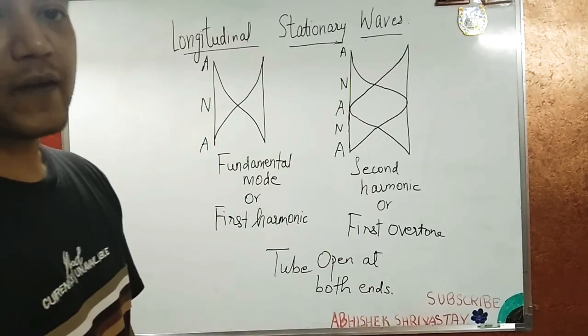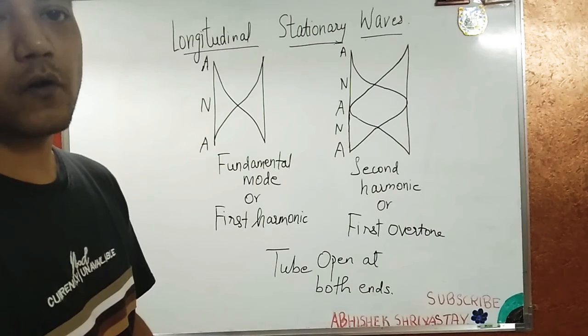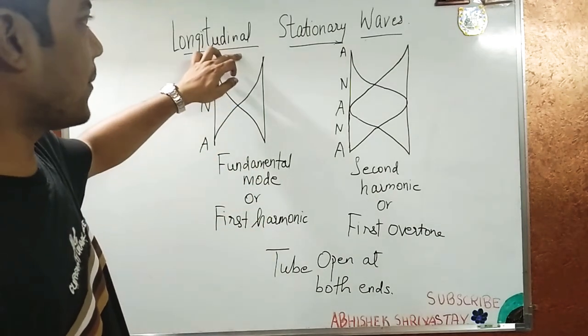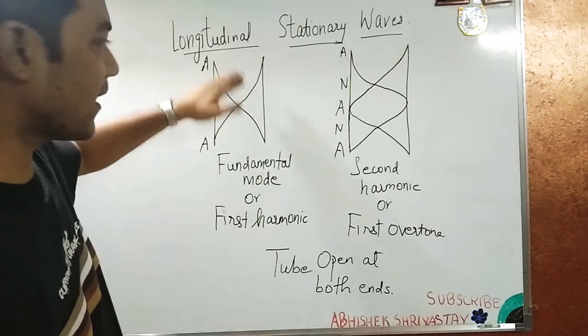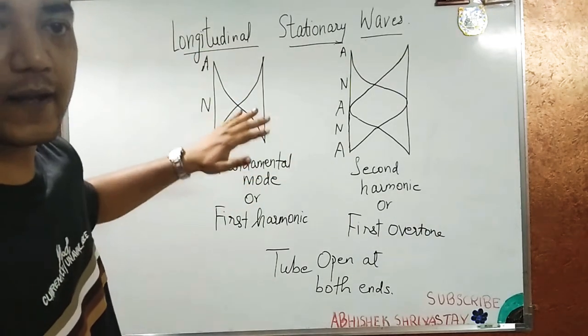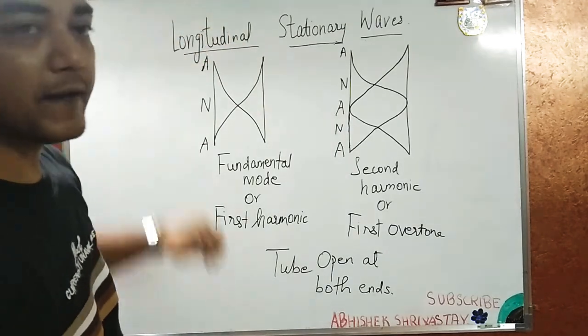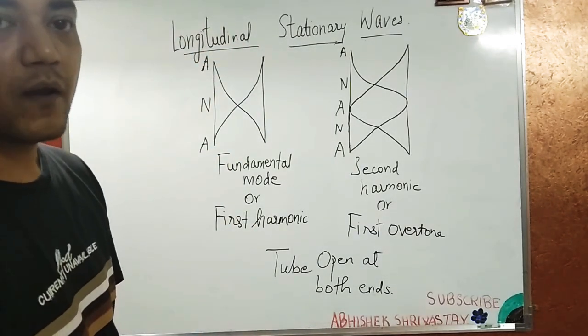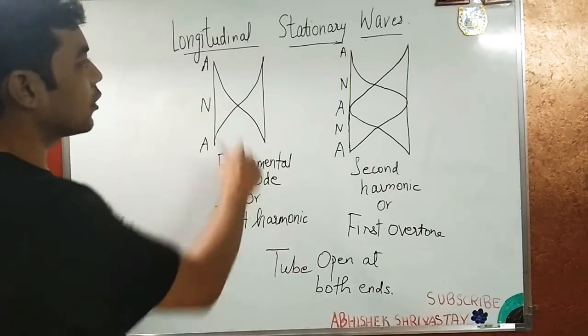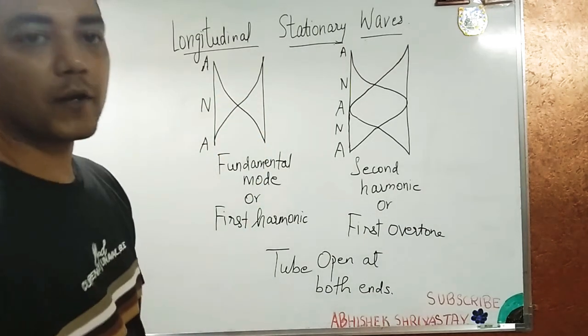Now, if I place a vibrating tuning fork above this tube, inside we are having an air column, right? If I place a vibrating tuning fork just above the tube, what will happen? Longitudinal waves will be produced.